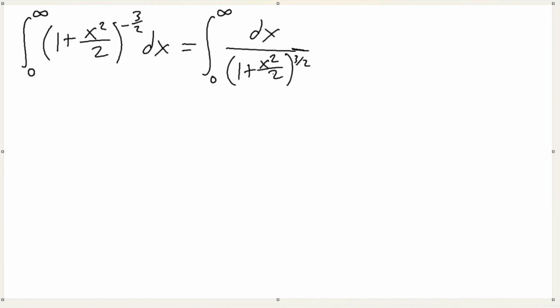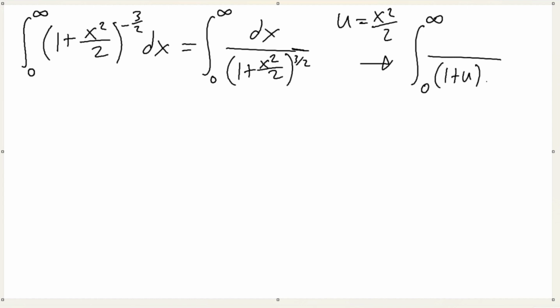In order to see this, let u equal x squared over 2, so that this whole thing is just 1 plus u to the power of something. So doing this u sub would give us, from 0 to infinity, 1 plus u to the 3 halves. I just noticed if we do 2, we get x.